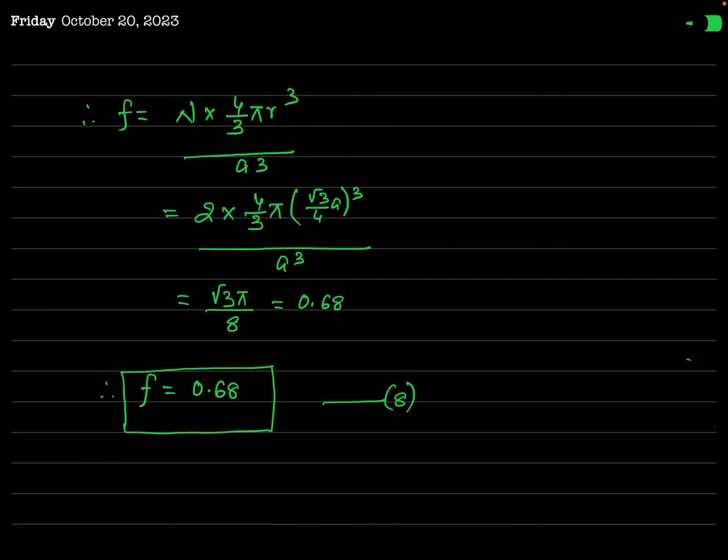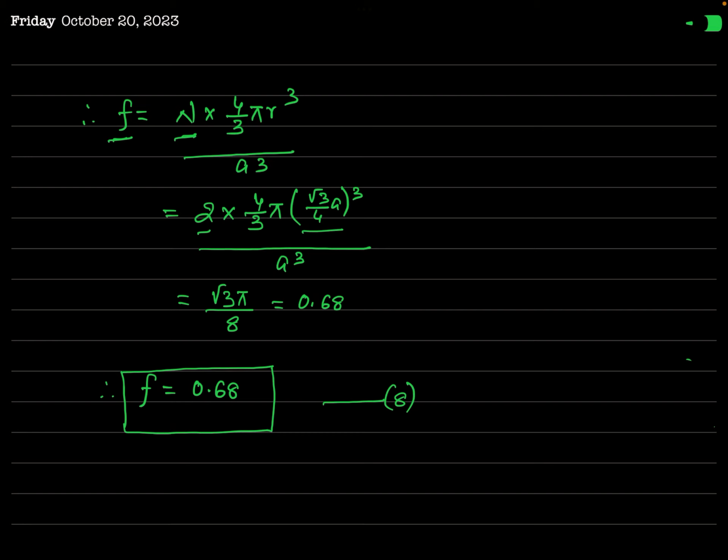Now we will use the formula for F. F is equal to n times 4 by 3 pi R cube divided by A cube. But you have obtained that in this case n is equal to 2. So this is 2 times 4 by 3 pi R cube. And you have obtained that R in this case is root 3 by 4 into A. So this will be root 3 by 4A whole cube.